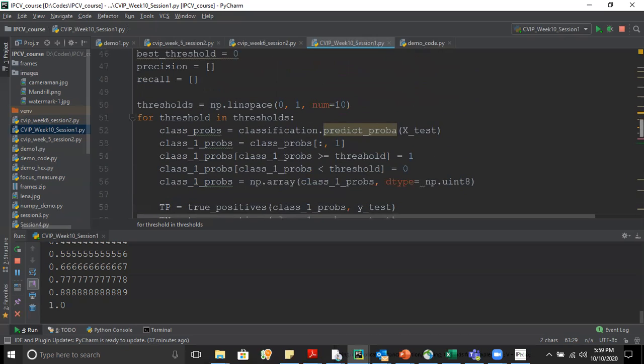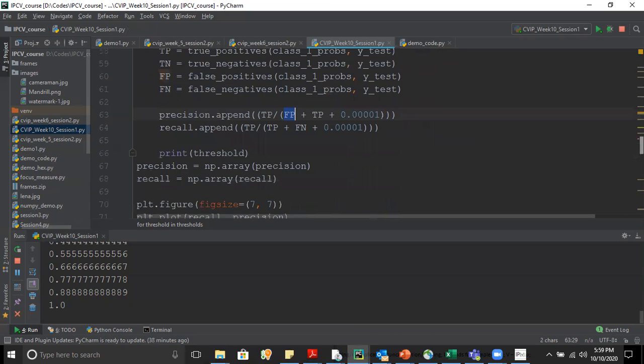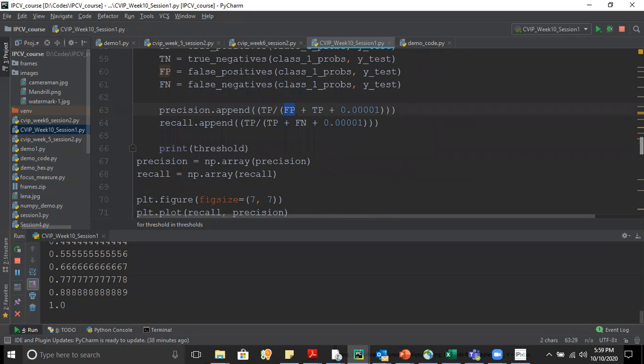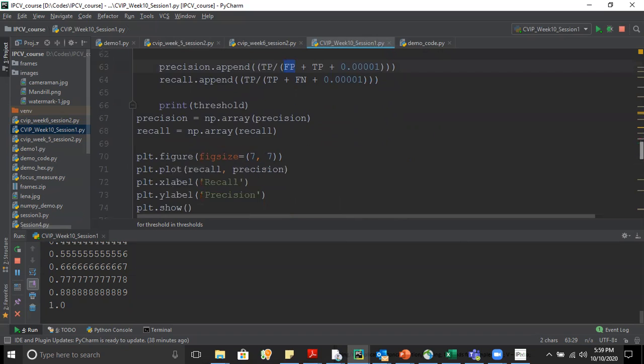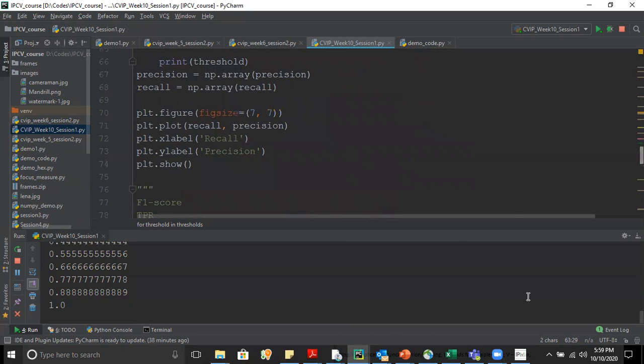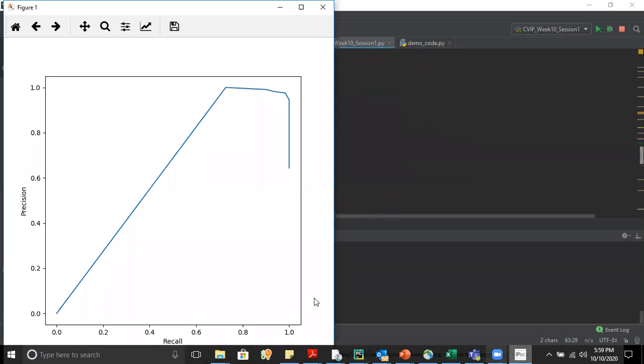Okay, so now what are we doing here? By varying the thresholds between 0 to 1, I'm getting different values of precisions and different values of recalls correspondingly. I'm using this plot function and then plotting it, and this is the curve I got after plotting for the different thresholds.